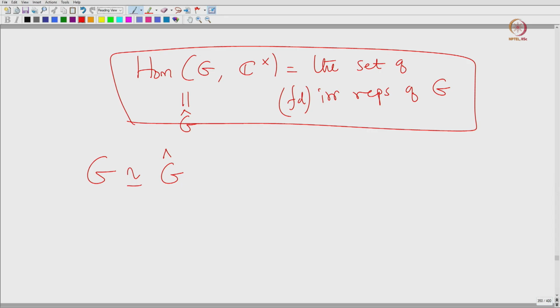We are going to define a group operation on this set, given by pointwise multiplication, and then prove that G is indeed isomorphic to G hat. This is not a very deep result, but it requires a little bit of work. So, we will see the proof of this in the next lecture.